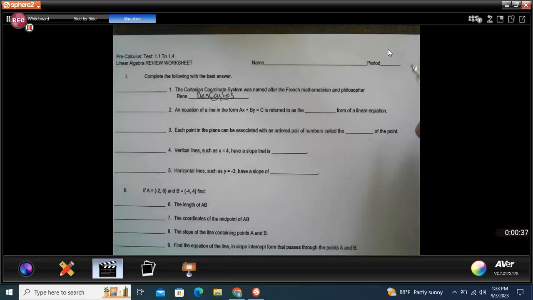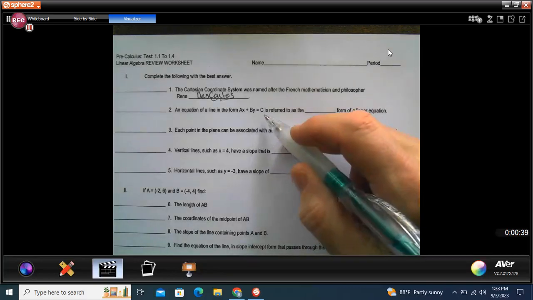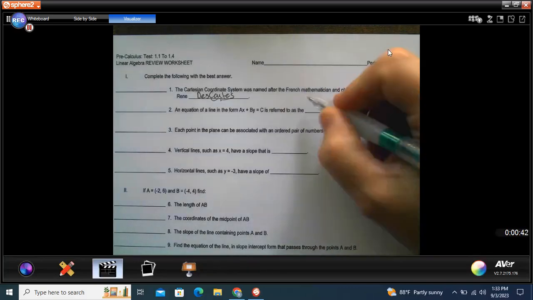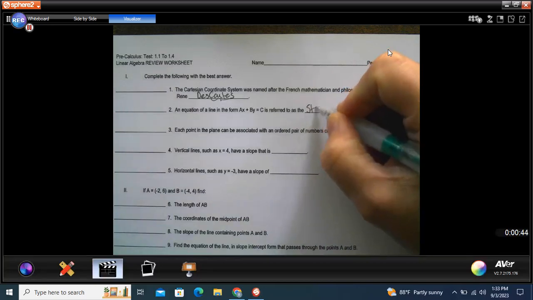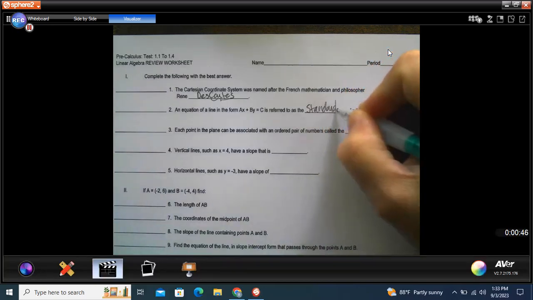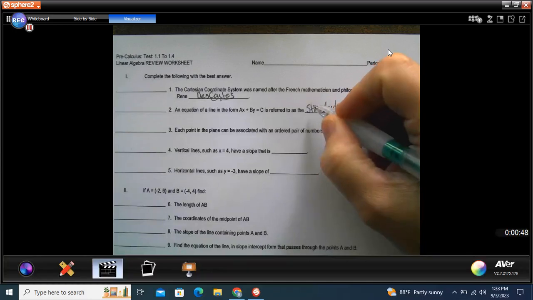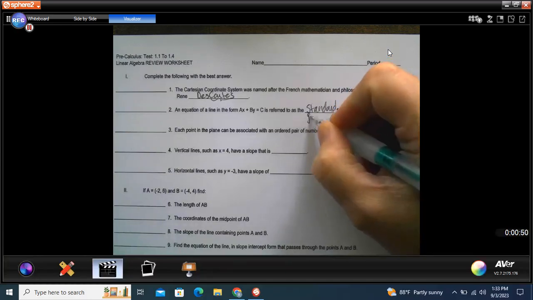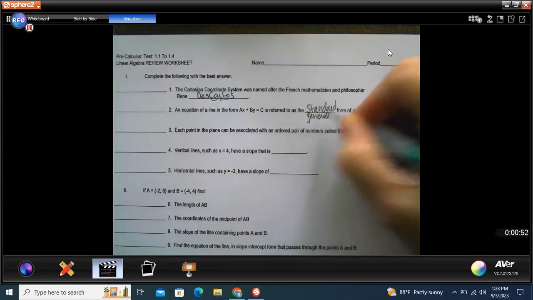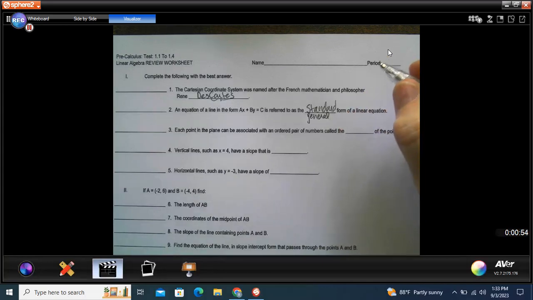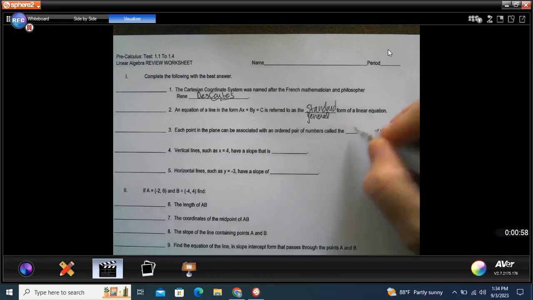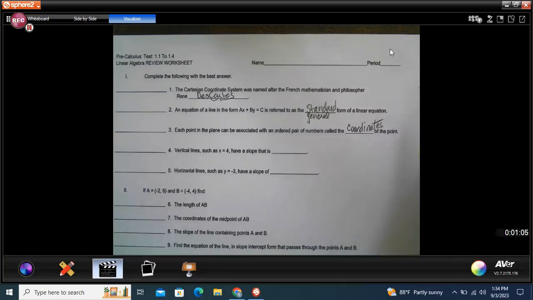An equation of a line in the form ax plus by equals c is referred to as the, I like standard, your book likes general. Each point in the plane can be associated with an ordered pair of numbers called the coordinates of the point.